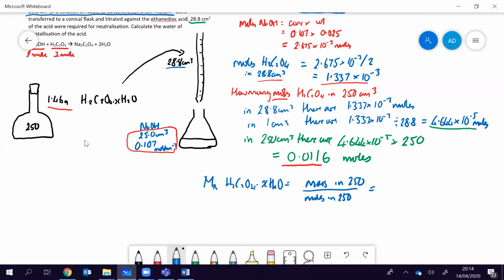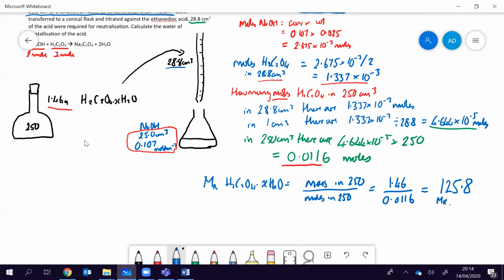So we've got 1.46 grams divided by the moles, 0.0116, and that's equal to 125.75. So 125.75, let's call it 125.8. So that's the MR. And then we do our usual bit then.